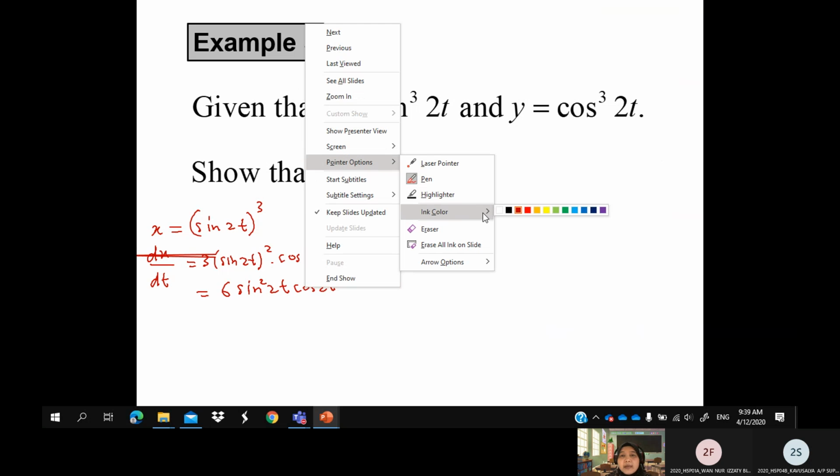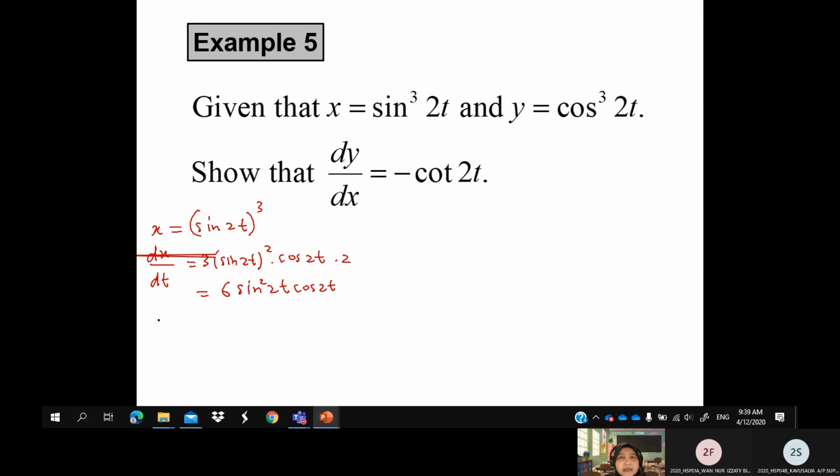For y, rewrite as (cos 2t) cubed. Then dy/dt is 3 cos squared 2t by the power rule, then differentiate inside the bracket: cos gives negative sin, copy the angle, then differentiate the angle to get 2. Rearranging, we get negative 6 cos squared 2t sin 2t.